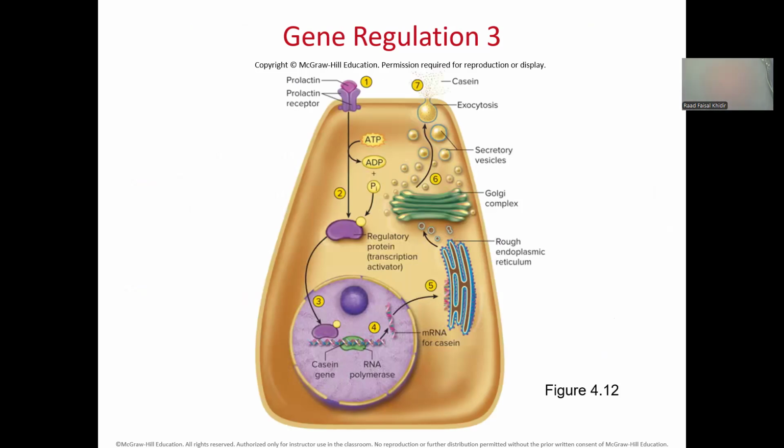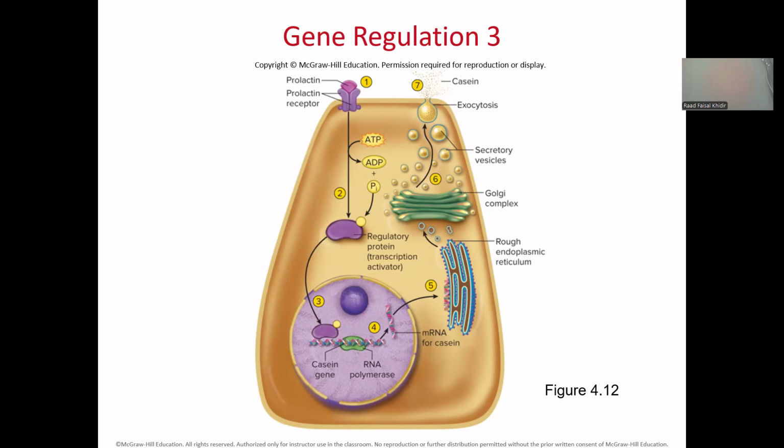Look at it here. Prolactin is going to bind the prolactin receptor. So the signal is going to bind the receptor, and then we hydrolyze ATP to ADP, and you have a regulatory protein known as a transcription activator. This transcription activator is going to find the casein gene. You see the casein gene?